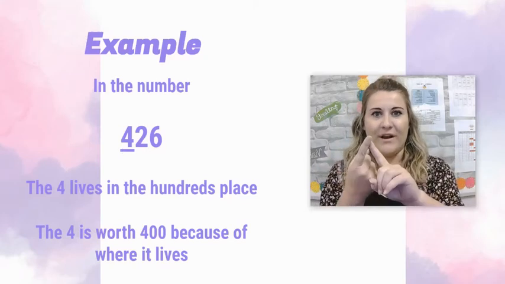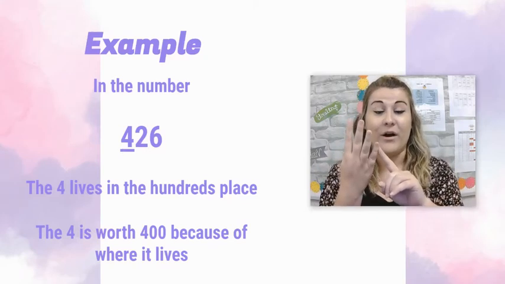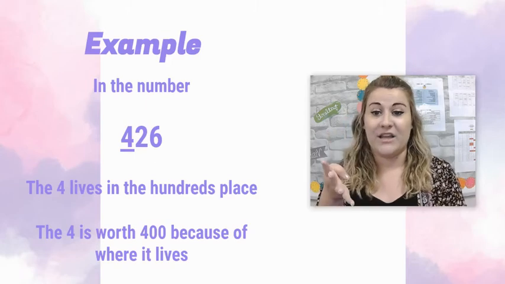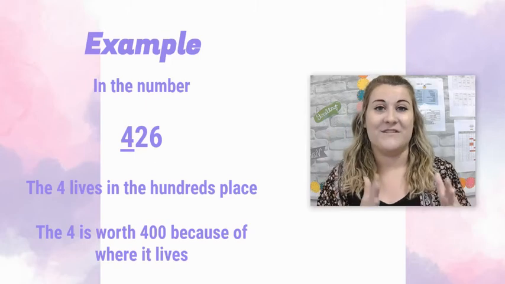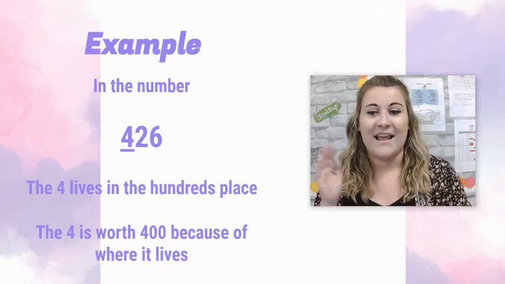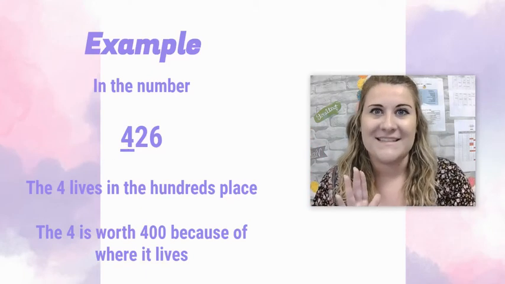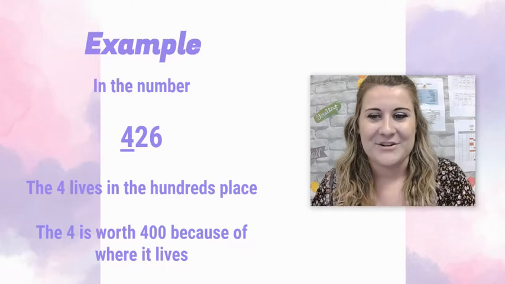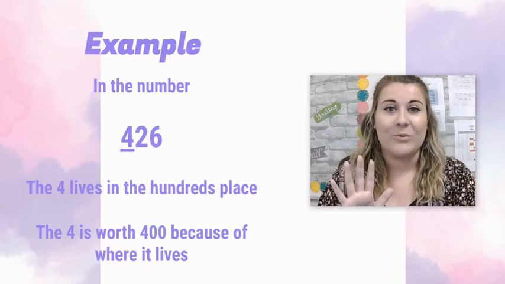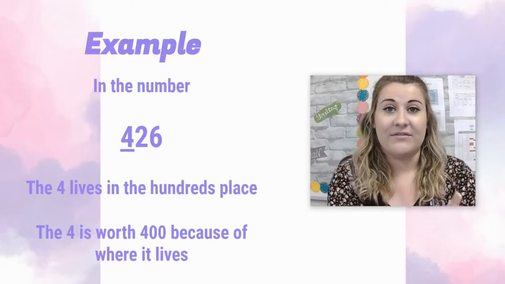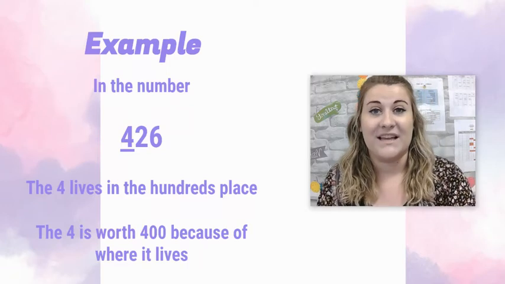So we've got 100, 200, 300, 400. 4 times 100 is 400, or you can count by hundreds. That is so cool because it looks like it's just a little bitty 4, but it has a secret. It's actually worth 400. Now, we're going to focus more on value in a different lesson, but today we're going to be talking mostly about the places.